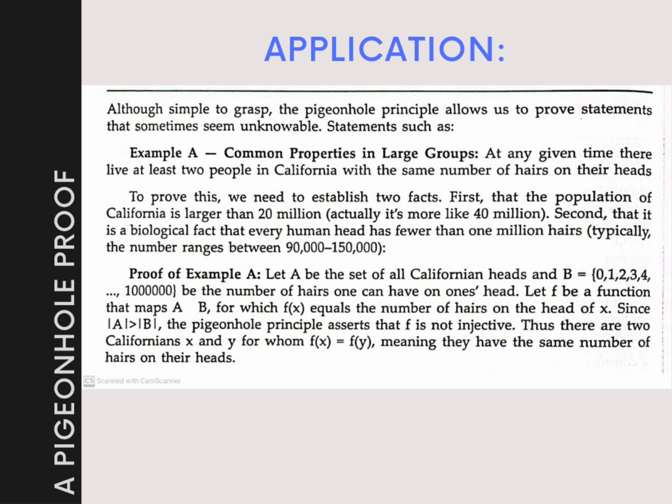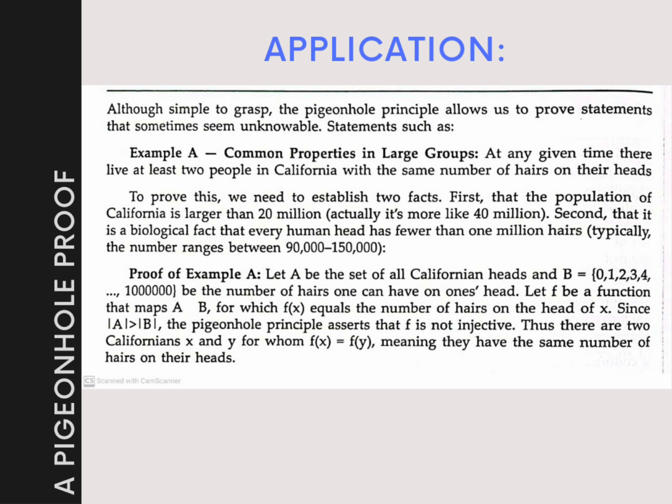Now, for the proof of this example, let A be the set of all Californian heads, and B be the set 0, 1, 2, 3, 4, up until 1 million. So f maps A to B, for which f(x) is equal to the number of hairs on the head of x.